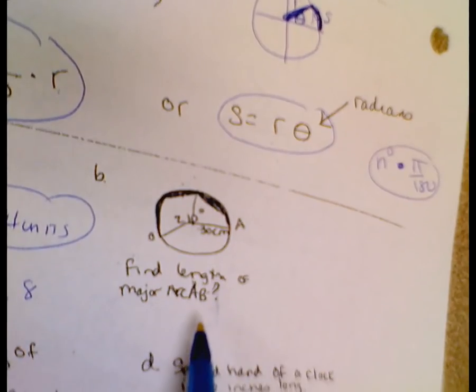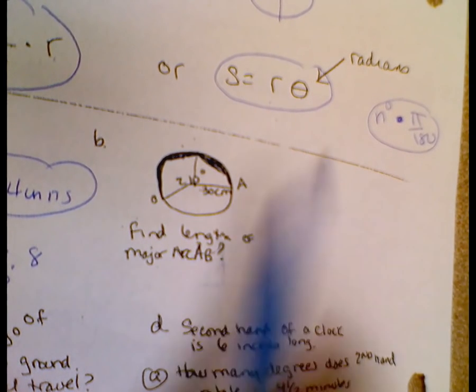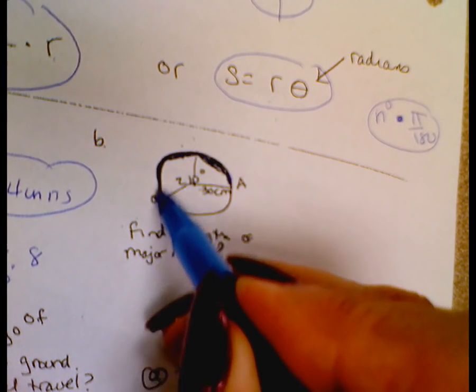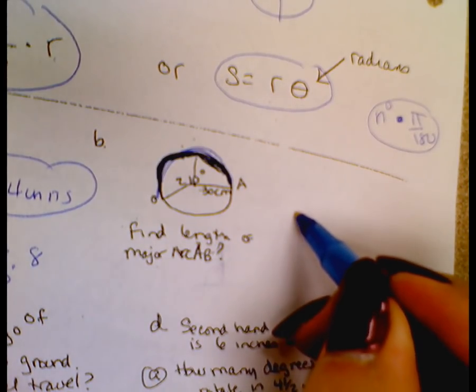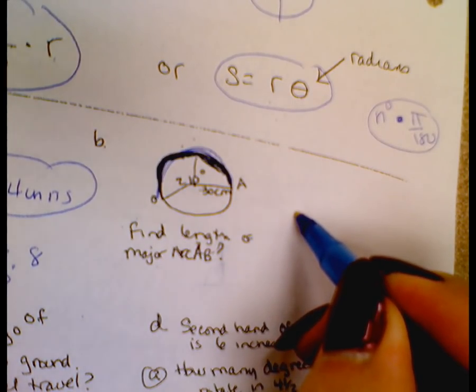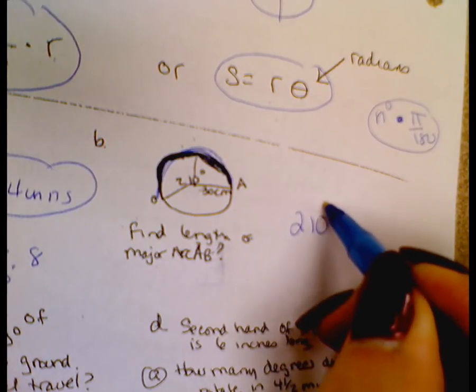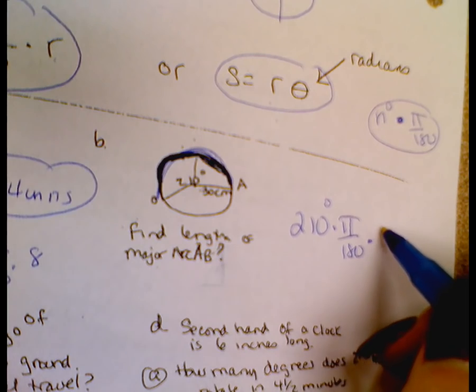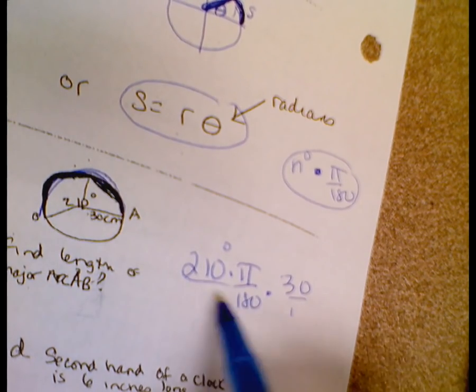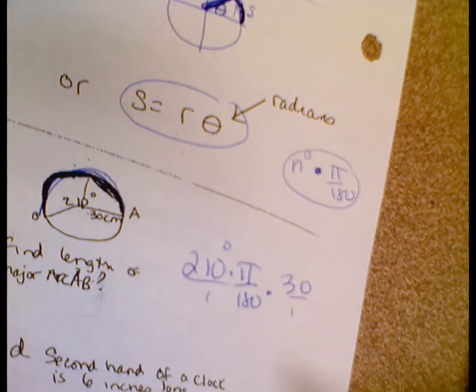In this problem, find the length of arc AB. It's from here all the way over here, so we're trying to find that. We're going to do 210 times pi over 180 times the radius, which is 30. Now if you wanted to have fun, you could start cross-canceling a bunch of stuff here.